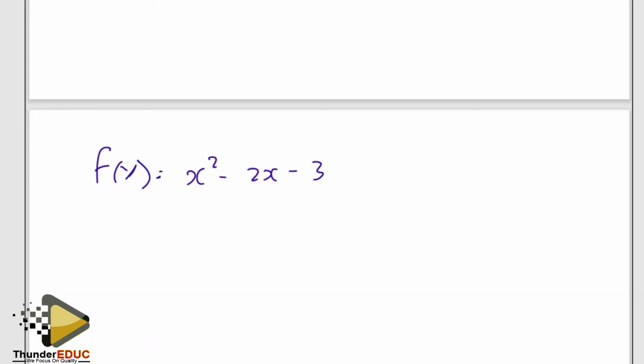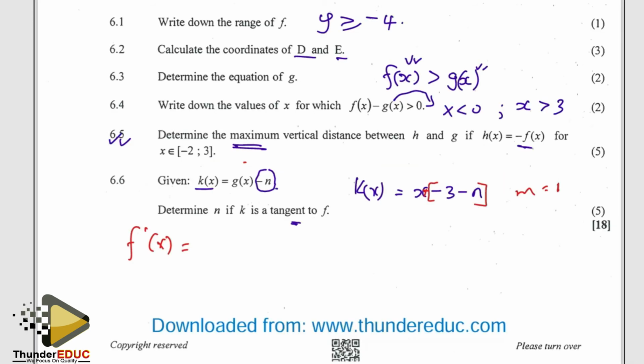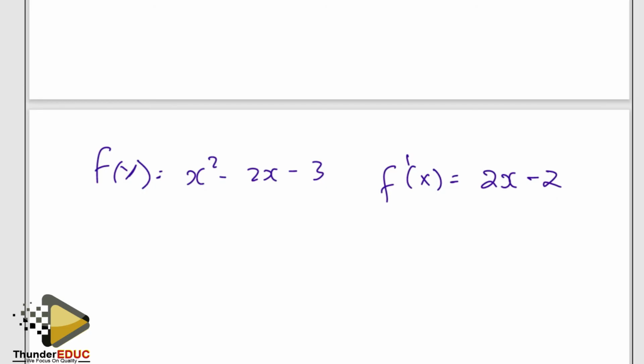So the first derivative is going to be 2x minus 2. So this is the gradient formula. But now we said that the gradient is a 1. So I'm going to equate this to a 1 and say 2x minus 2 gives me a 1. I'll move the 2 that side, which means 2x is going to be a 3, and then x is going to be 3 over 2.